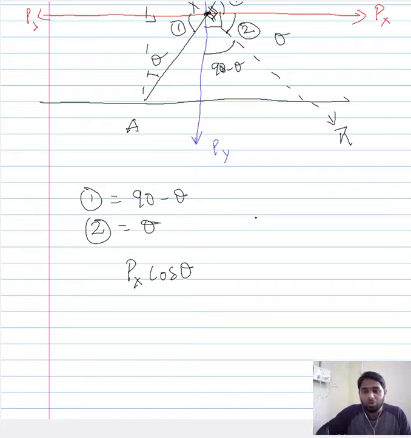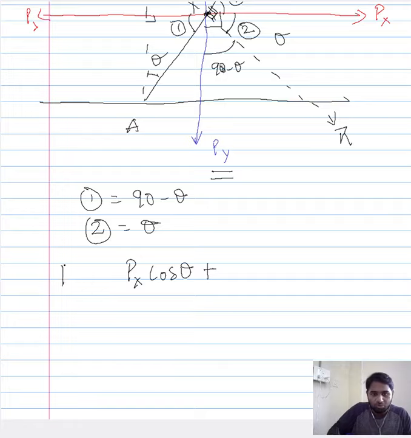Now there is also a component of load acting along the normal direction that comes from Py. Since we have a biaxial tensile load, there is a component that comes from the x loading direction, and there is also a component that comes from the y loading direction. This we have to include to calculate the load acting along the normal direction.